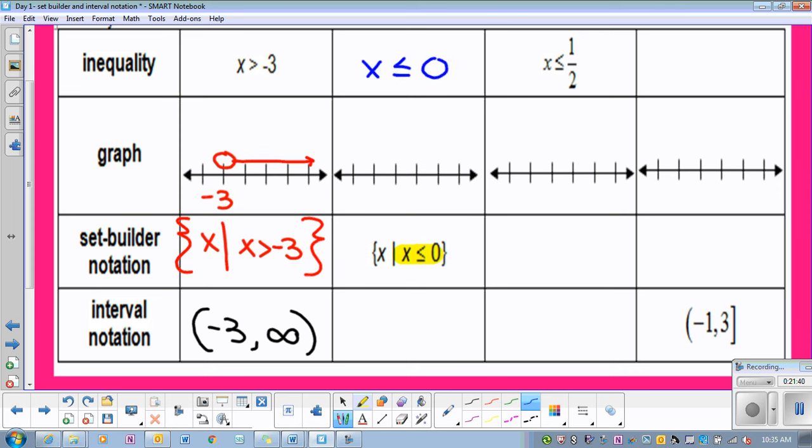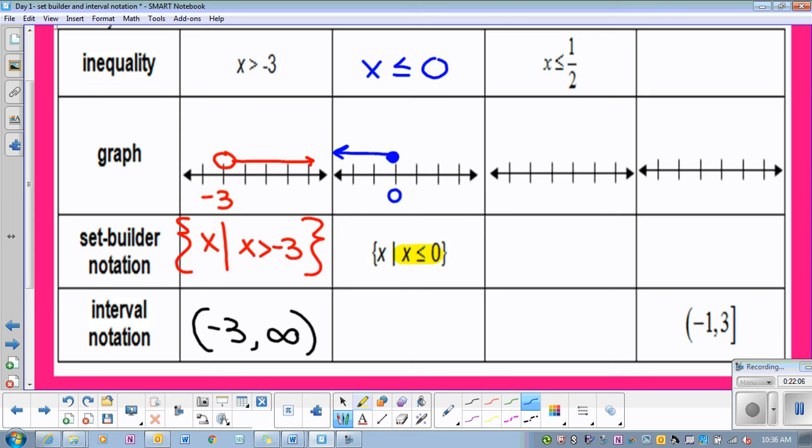There we go. Now, let's graph this. I can put 0 anywhere. I'll put it right there. What kind of a circle does 0 get? Open or closed? Closed. And since it's less than, I have to go to the left.